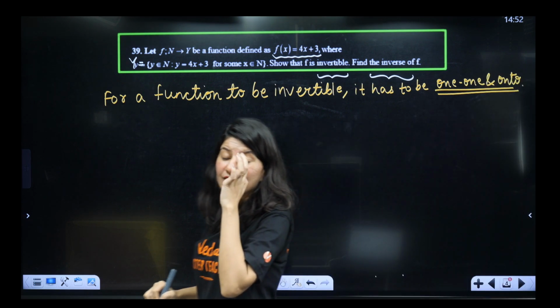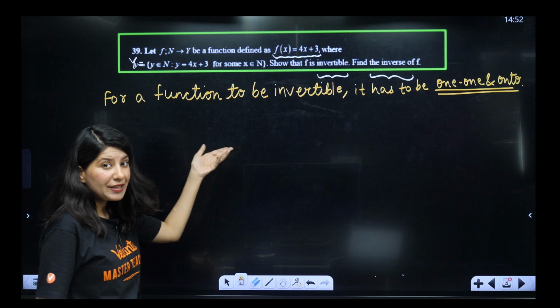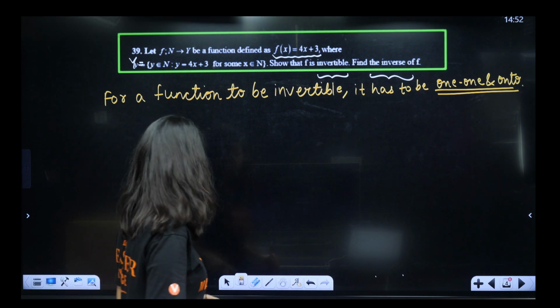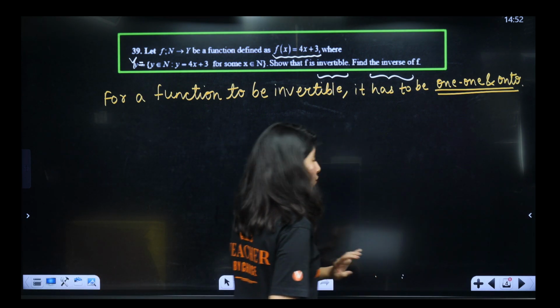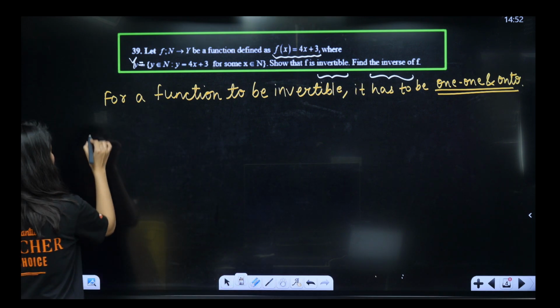So that means we have to prove that my function is one-one as well as onto. Now let us talk about only the one-one part first, one by one.